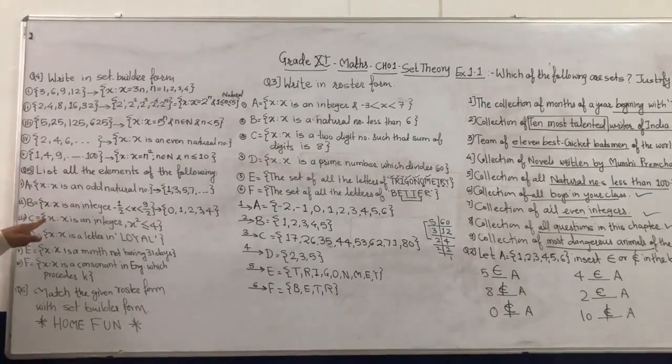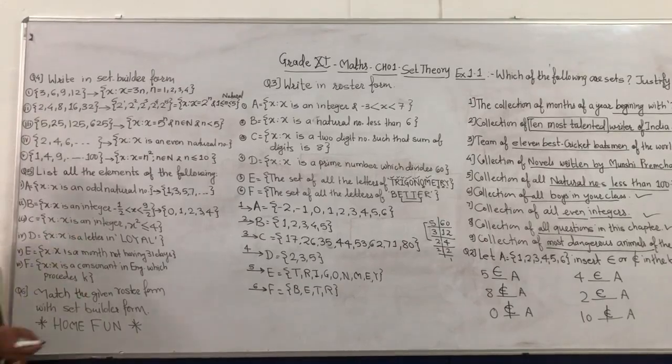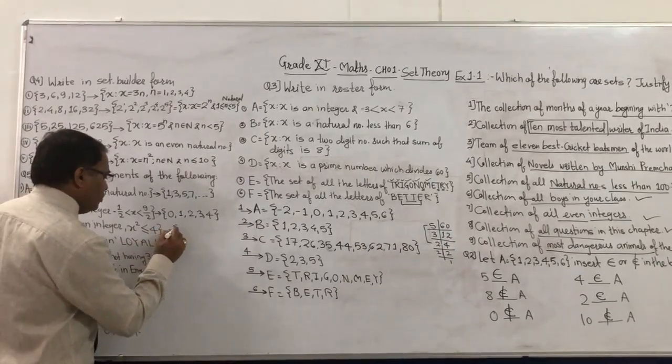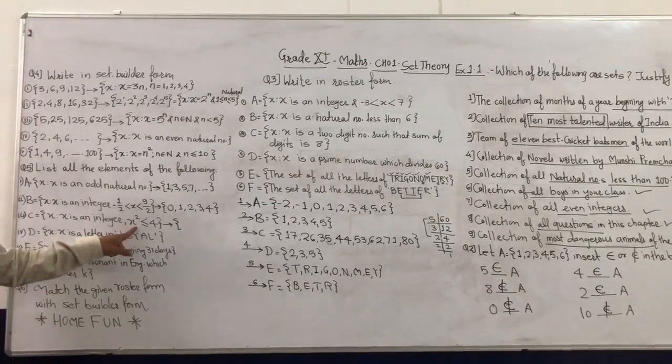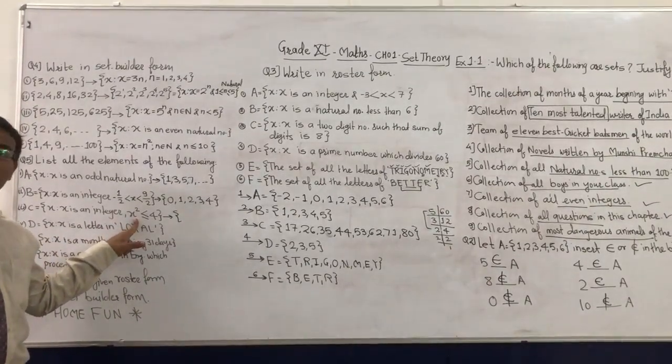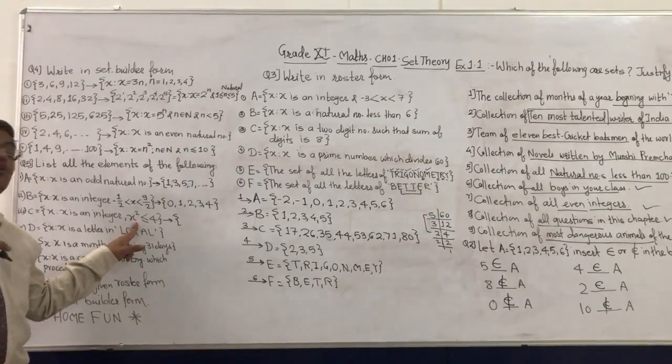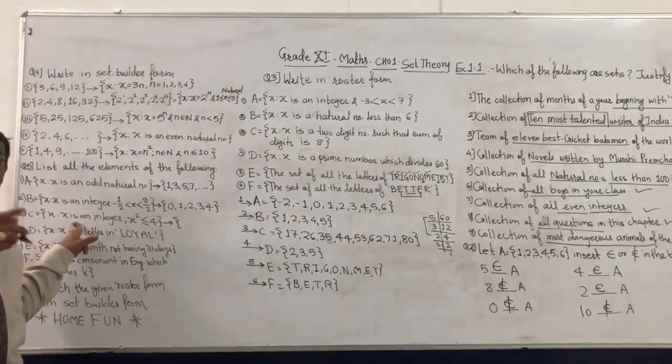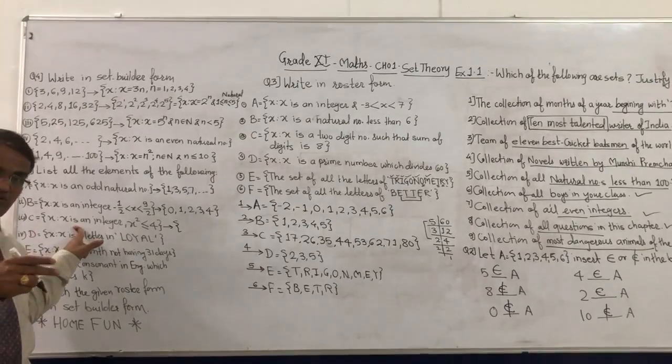Next is x such that x is an integer where x square is less than or equal to 4. Here you may think it is less than or equal to 4, so only 2 and 1? No, because it is an integer. 0 square is 0, which is less than 4.